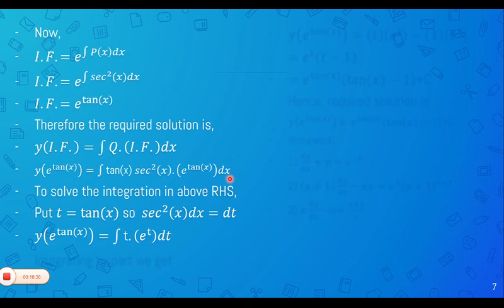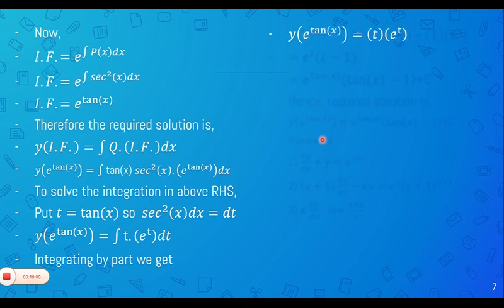Now in this integration there is a product of two functions. One is t, which is an algebraic function, and the other is e raised to t, which is an exponential function. Since it is a product, we want to solve this integration by using integration by parts. The first function is algebraic, so we have a shortcut: draw two brackets minus another two brackets.